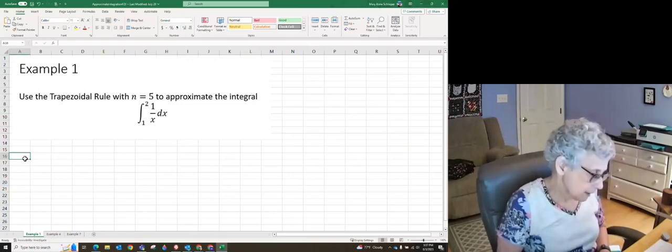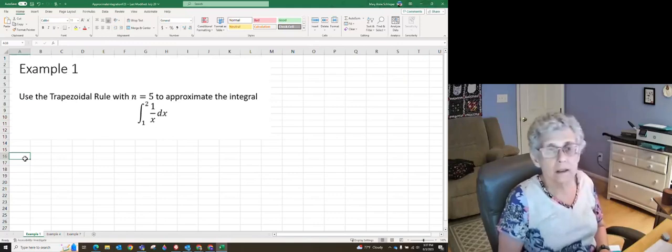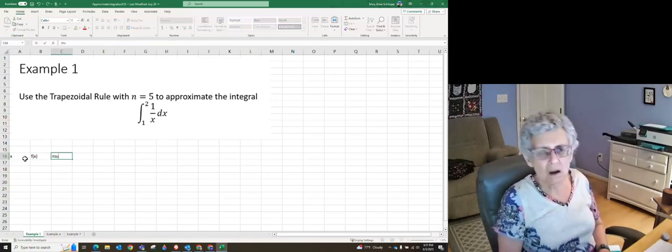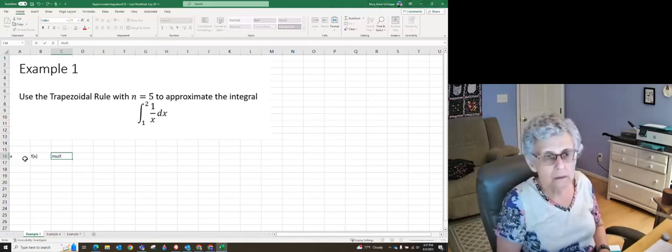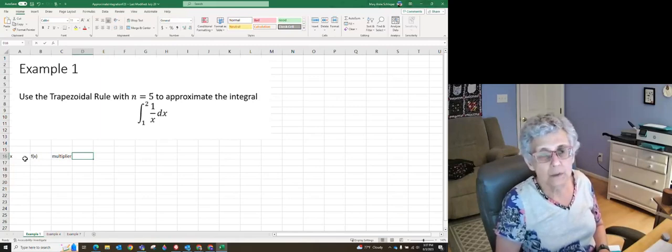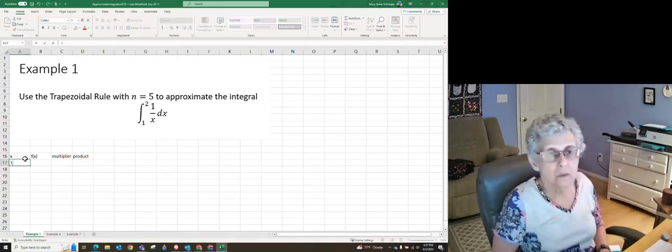I'm going to make a column for x, a column for f of x, a column for what I call my multiplier, and then a column for the product of those two things. So my first x is 1.